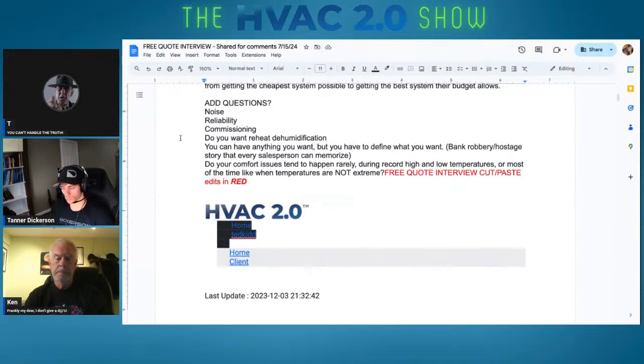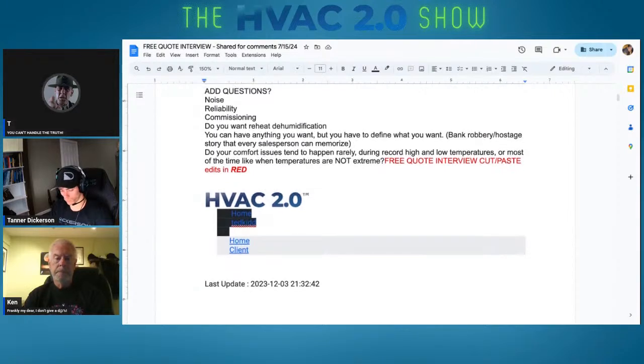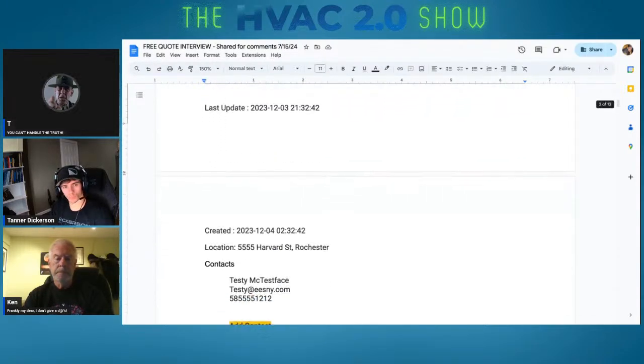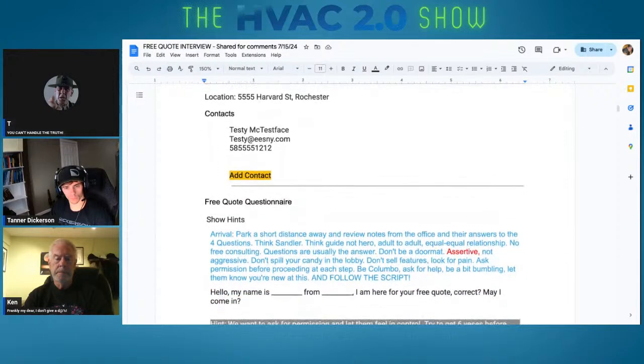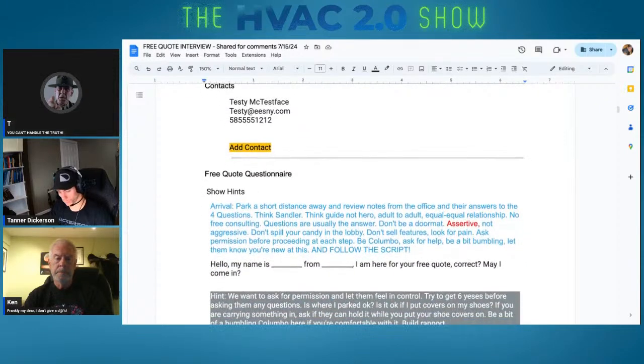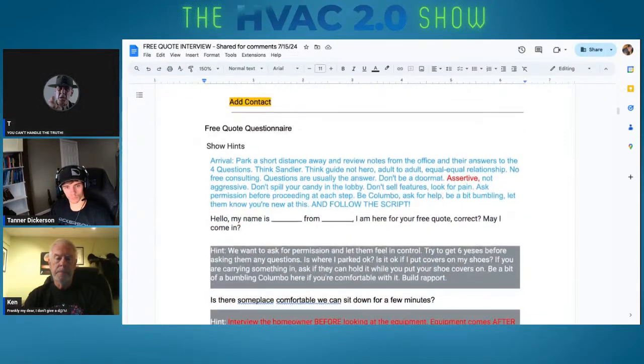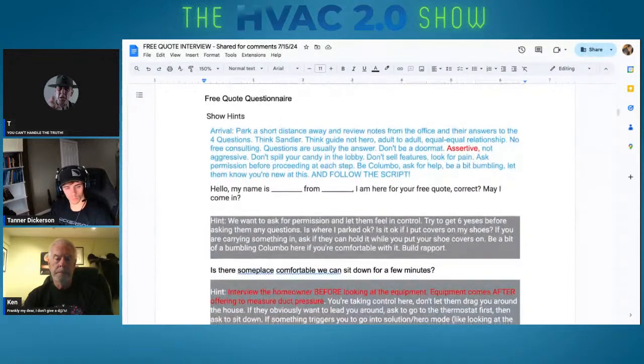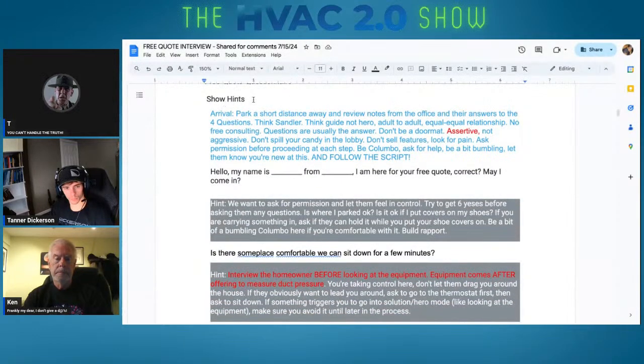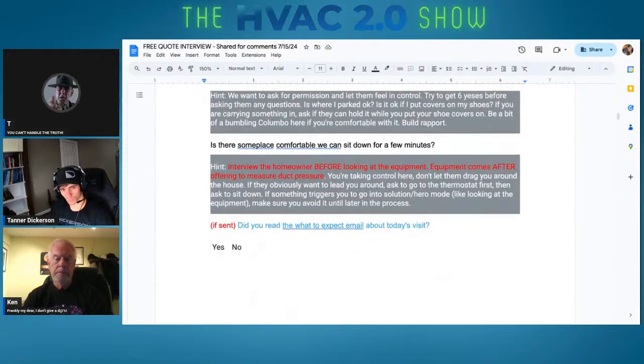And then here are some of the questions that I think need to be added to the free quote questionnaire. This is me cutting and pasting the Testy McTestface questionnaire with the hints on. In the red is where I made changes.